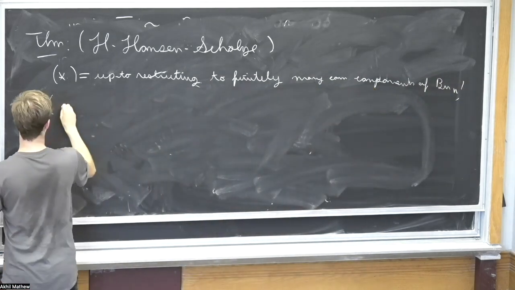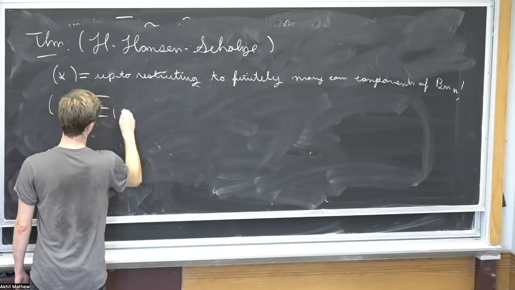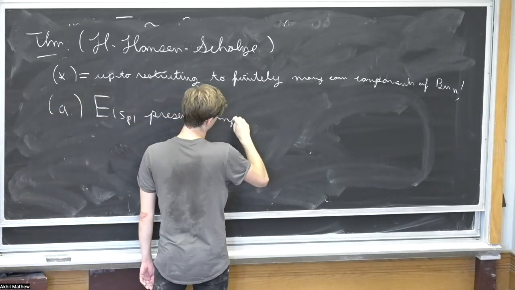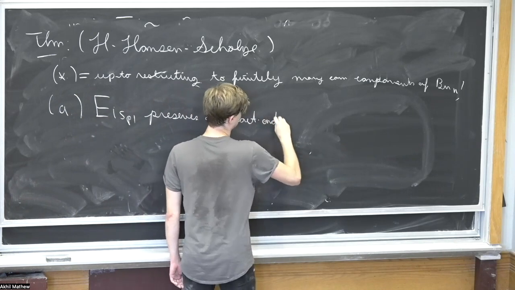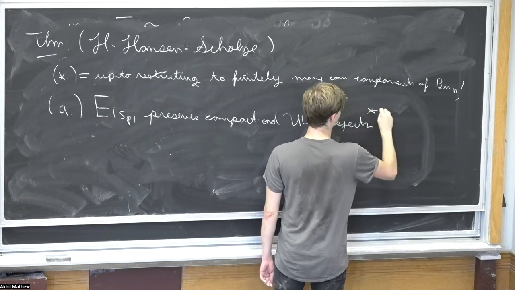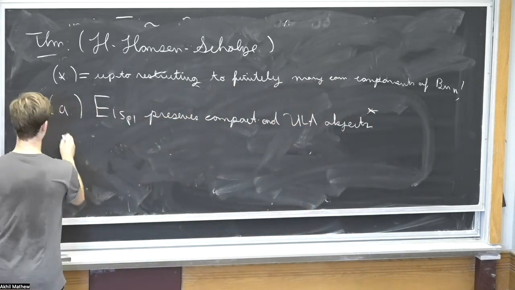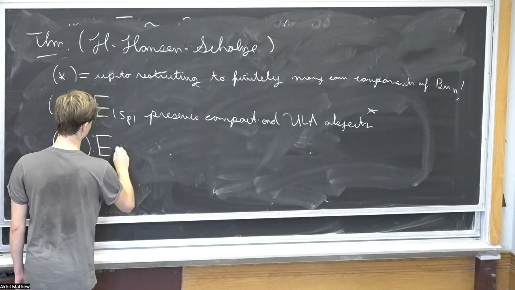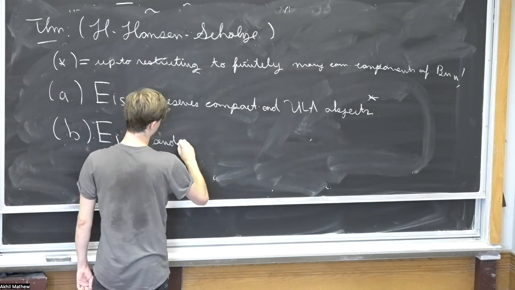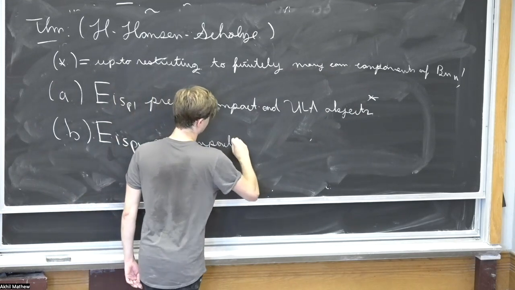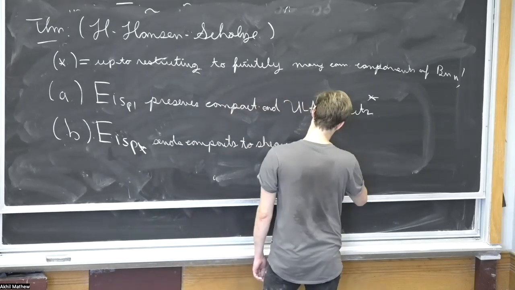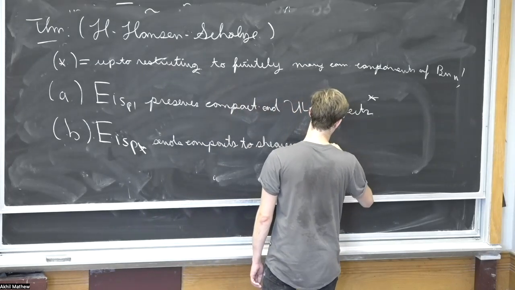So the first part of the theorem is that Einstein shriek preserves compact and ULA objects. Again, for the ULA, I put the asterisk. And then B, so this Einstein star sends compact objects to sheaves with compact support.